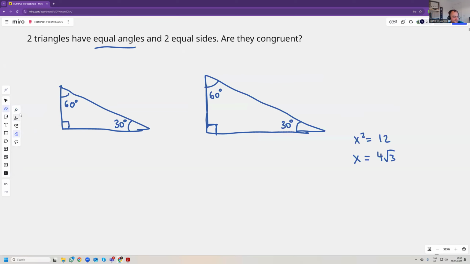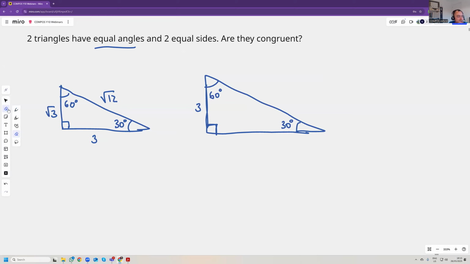Let's try this. Let's try this is 3, and this is 3. Okay, so then this would be square root of 3 over 2, so that would be root 3. And this would be 9 plus, so root 12.